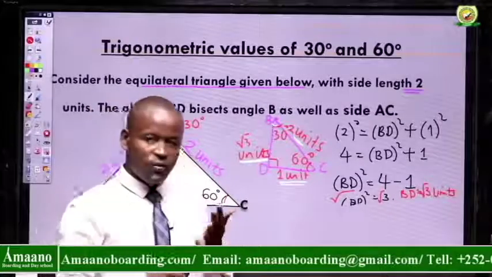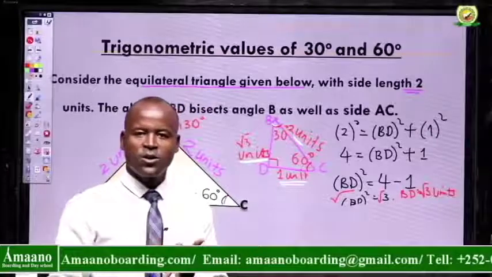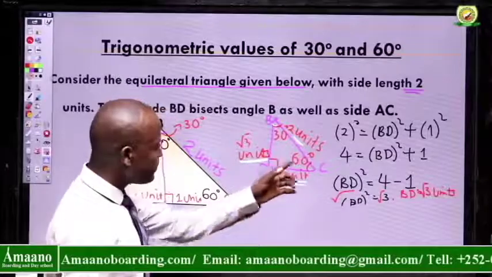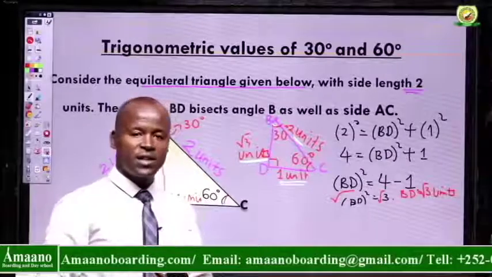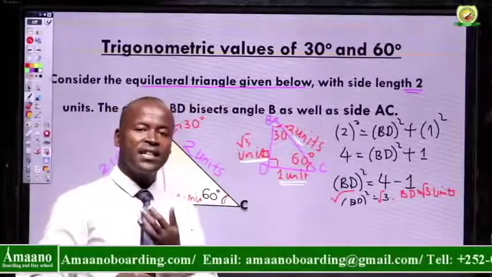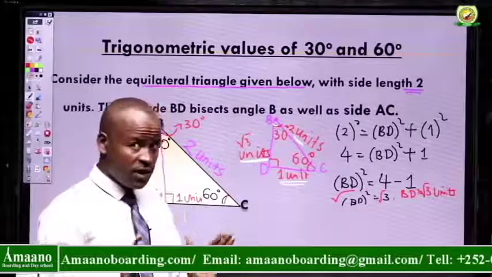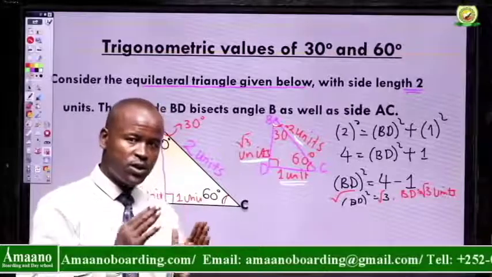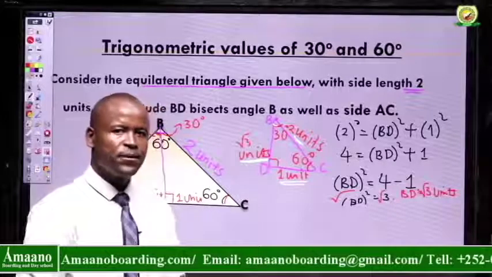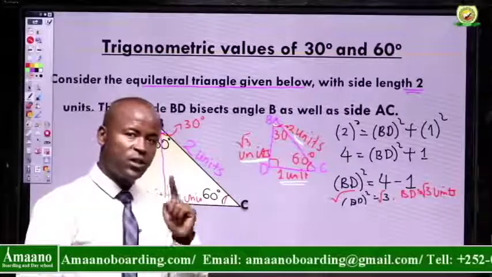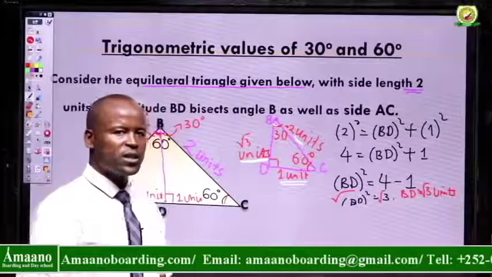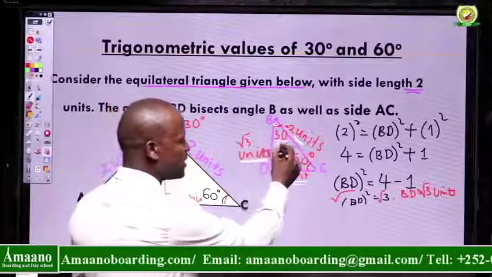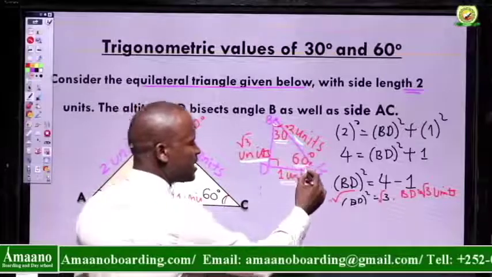After this, you can find sine of 30, cos of 30 and tan of 30, because you have all the information given here. And again you can find cos of 60, sine of 60 and tan of 60 degrees. The first step, use the trigonometric ratios: opposite over hypotenuse for sine, opposite over adjacent for tan, and adjacent over hypotenuse for cosine, and find the 3 trigonometric values for the 30 degrees angle and that of the 60 degrees angle.